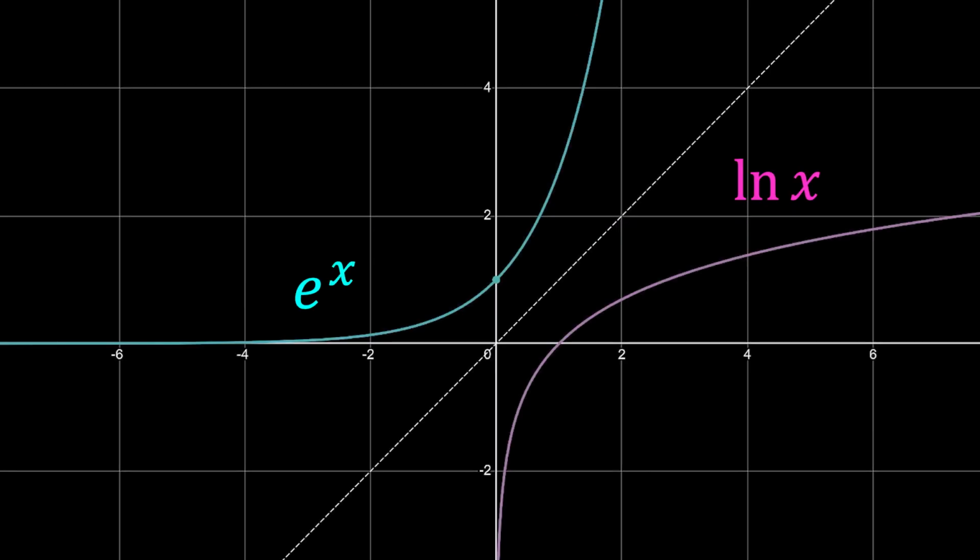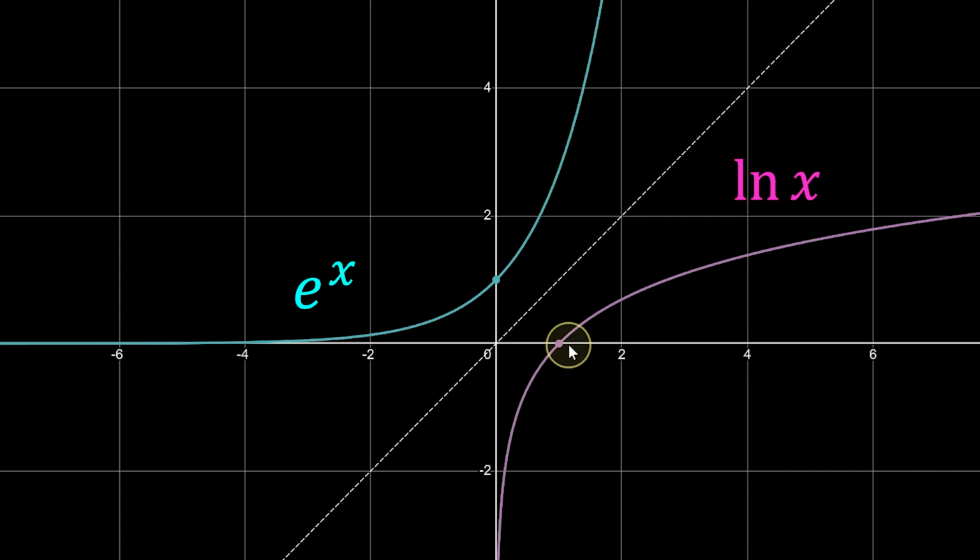Now let's plot the logarithm. What I'm going to first do is plot the line y equal to x. If I plot the logarithm now, the logarithm is a mirror image over that particular line, y equal to x. I can again put on this special point here, which is that logarithm of 1 is equal to 0. That's the mirror image of e to the 0 being equal to 1.